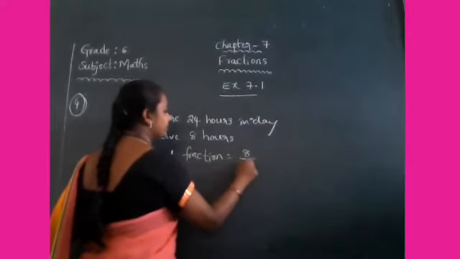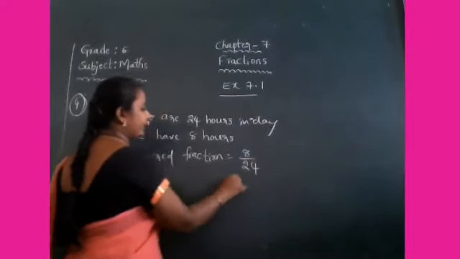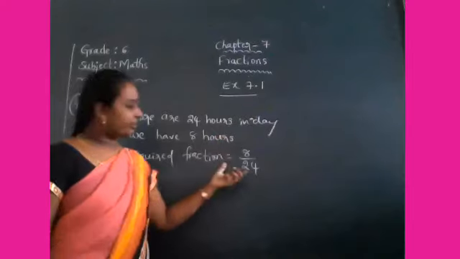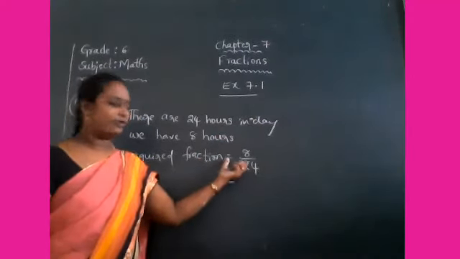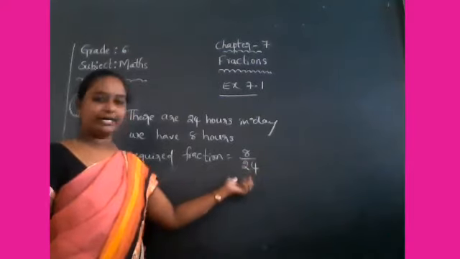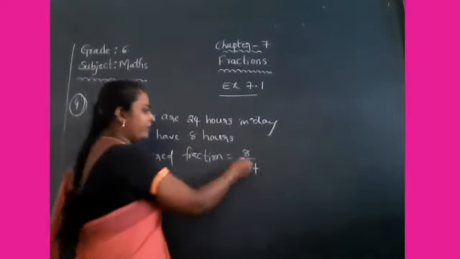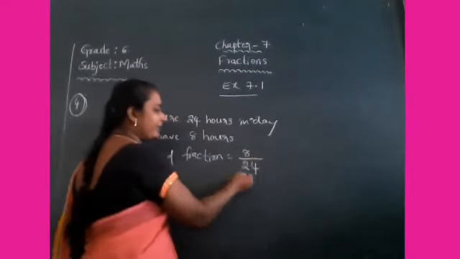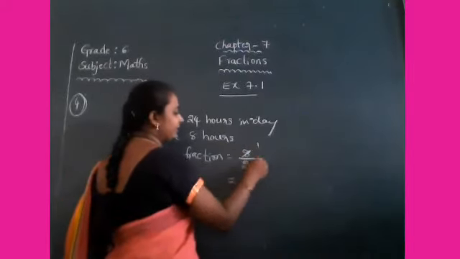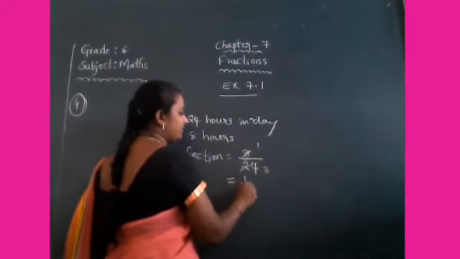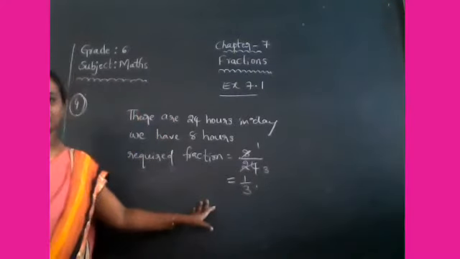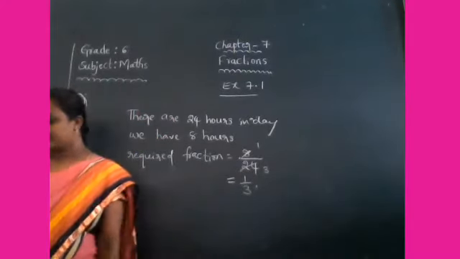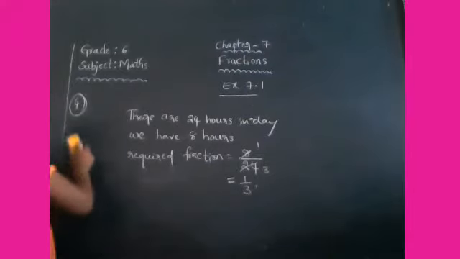So in a day, 24 hours are there; 8 hours means how to write in the form of a fraction? 8 by 24. If you want to simplify this, how to simplify? 8 ones are 8, 8 threes are 24. So our required fraction is 1 by 3. Okay, children? Right. Next one, fifth question.